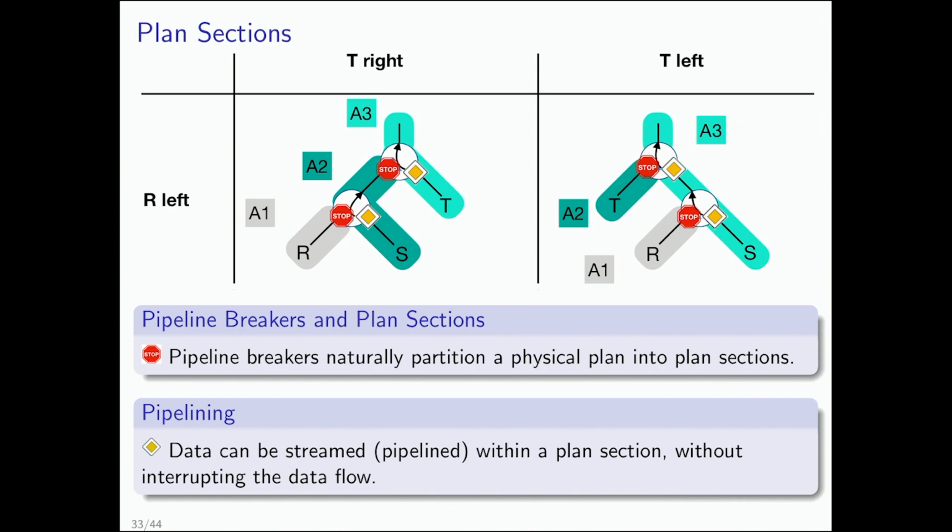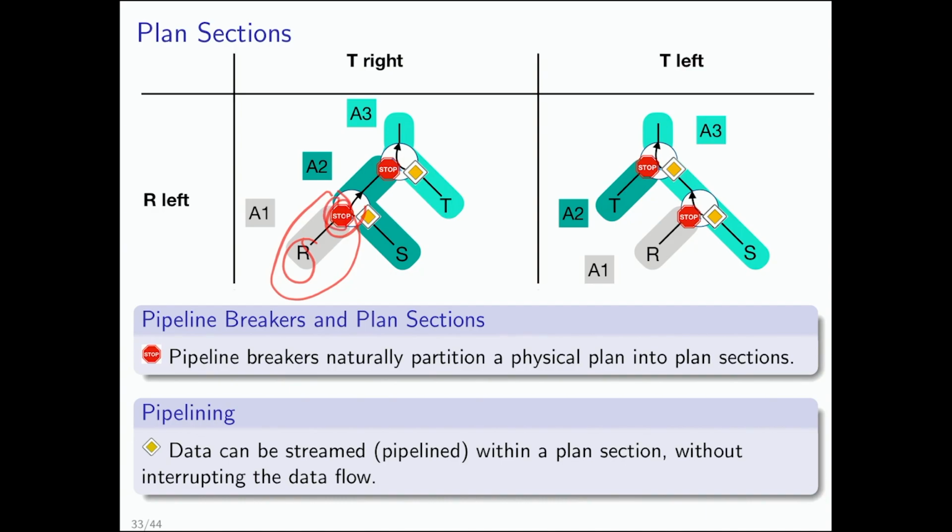Yeah, and with that you can also identify plan sections, and that's very important to understand how code is generated for such pipelines. So basically a plan section is a fragment of the plan starting from any leaf up to the next pipeline breaker. You see it here. So this is one plan section, from R to the first pipeline breaker.